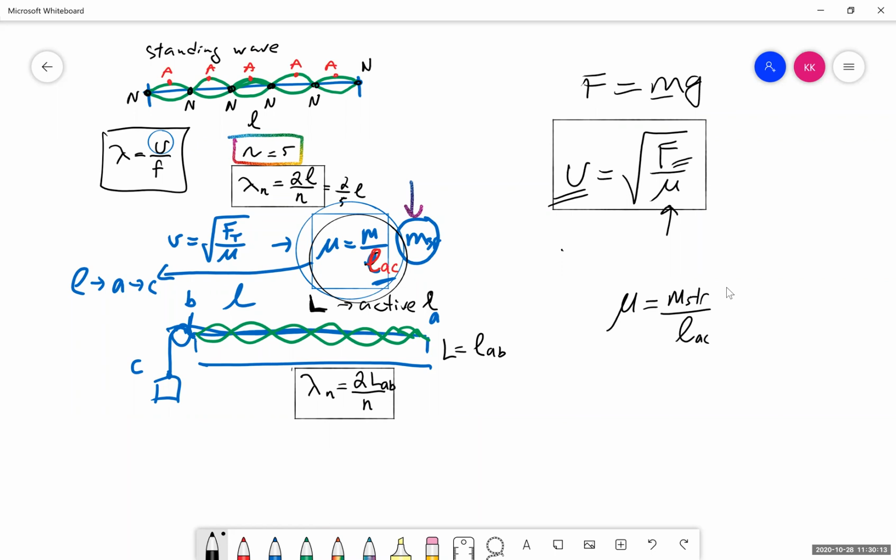We're going to find the force from the hanging weight, and then use that to calculate mu. Once you have mu, you can rearrange, measure the entire length of the string, then solve for the mass of the string. So there are several steps you have to do. All right, so let's go back.